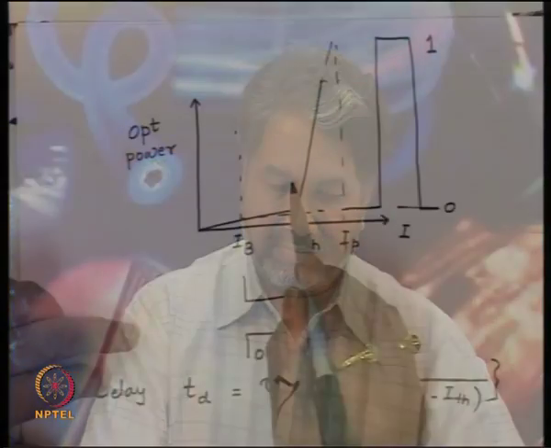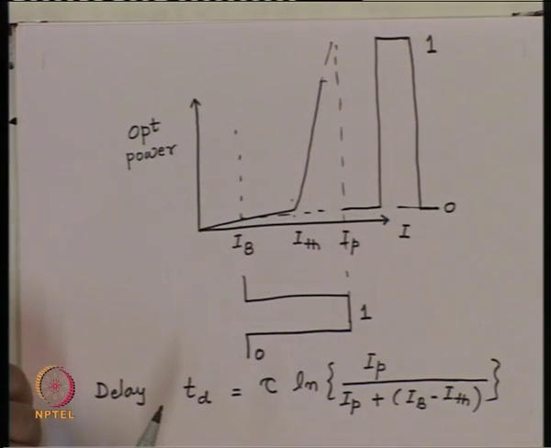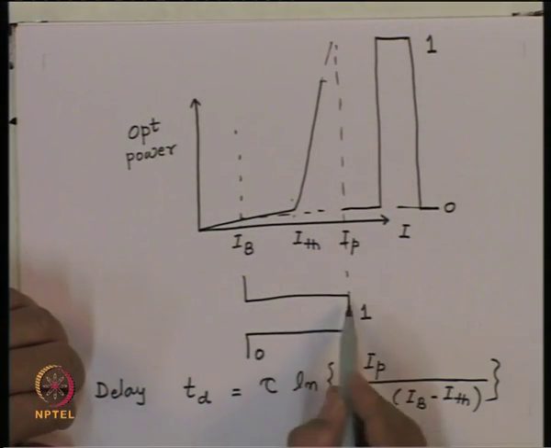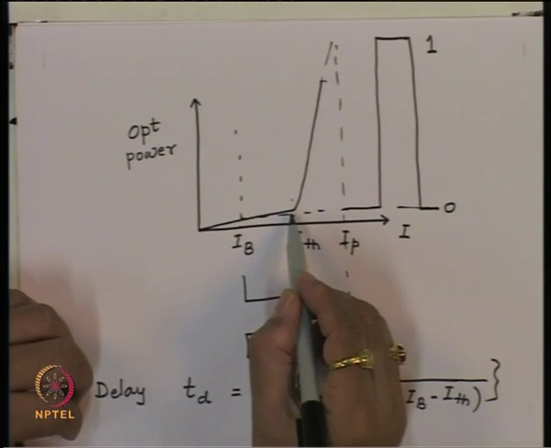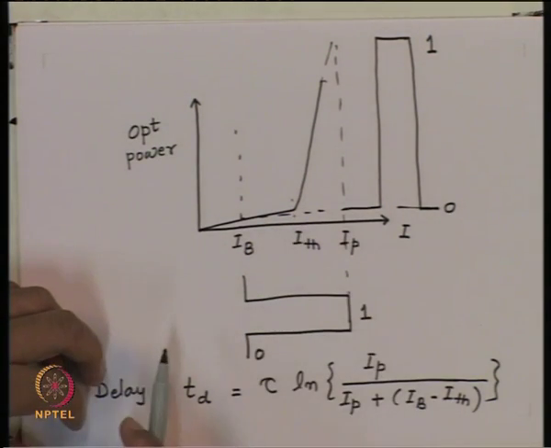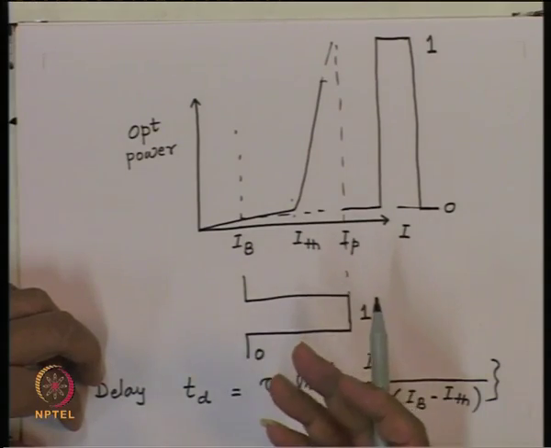The second problem is that if the laser diode is biased at the threshold current, whether we are transmitting the pulse or not transmitting the pulse, some current will always flow inside the device, and because of that the temperature of the junction will increase and the laser will get heated.